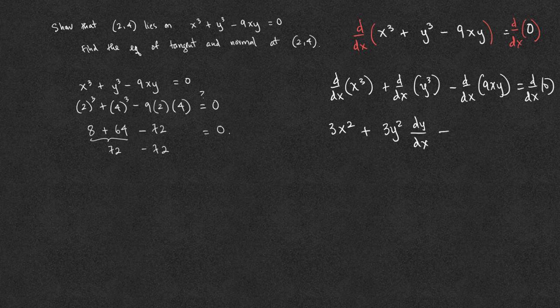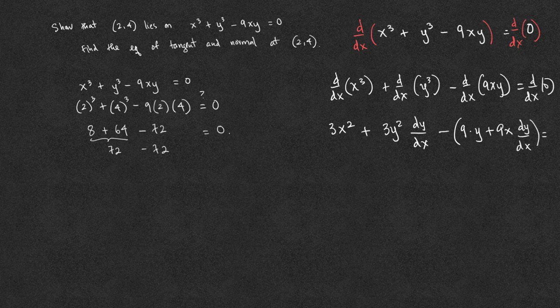The derivative of 9xy is a product, so we will use the product rule. First, the derivative of 9x with respect to x is 9 times the other factor, plus we keep the first factor 9x times the derivative of y with respect to x, which is dy/dx.